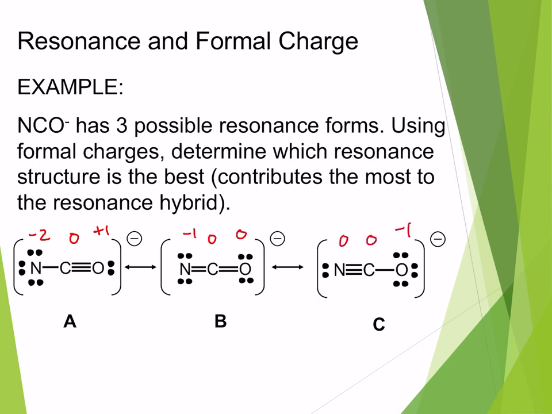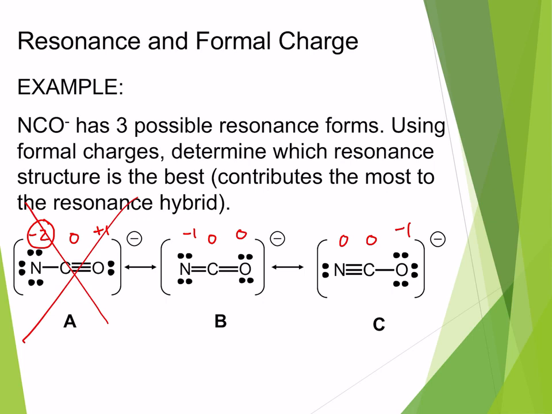And so immediately we can rule out option A. Option A is the only one that has a really large formal charge here, that -2. And again, we always want to minimize formal charges. So since option A has a -2, option A is no good. Then if we compare option B and C, they both have 2 zeros and a -1.